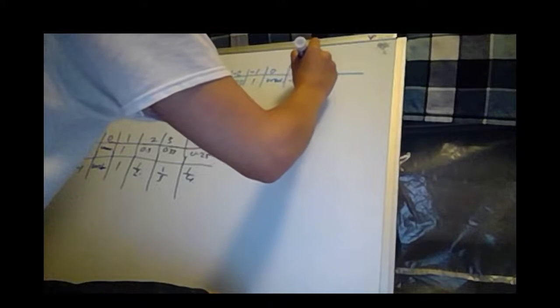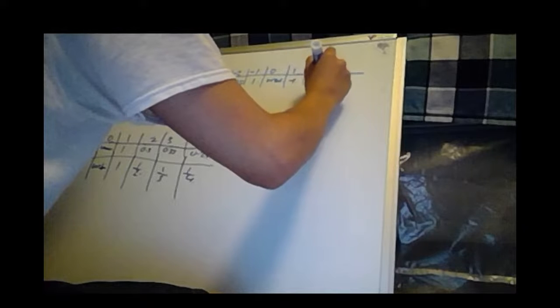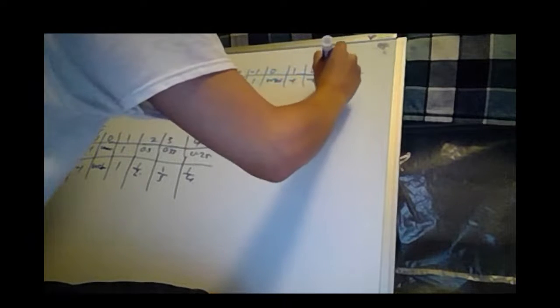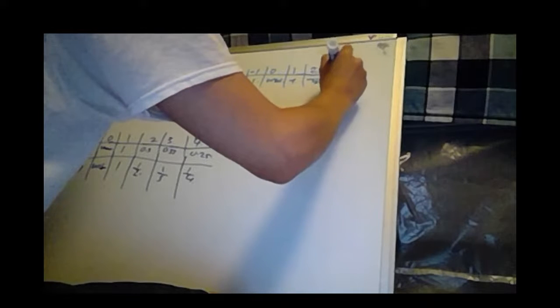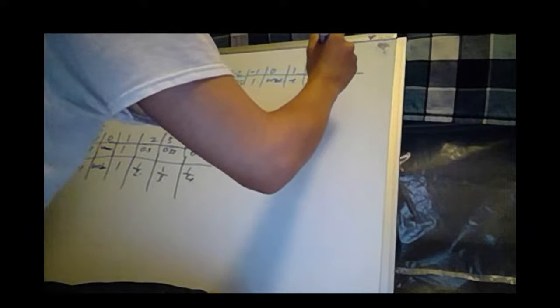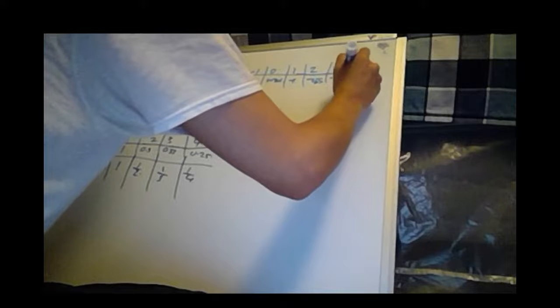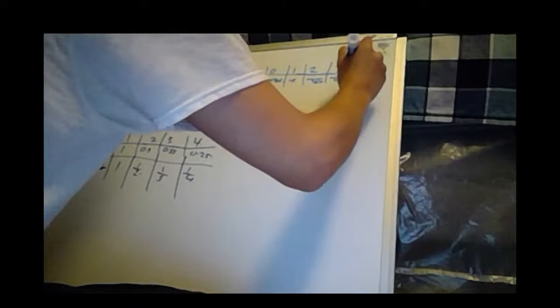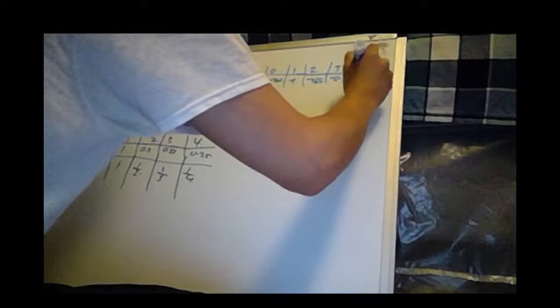Negative 1 over 2 is negative 0.5. Negative 1 over 3 is negative 0.33, excuse me. And then negative 1 over 4 is negative 0.25, right?